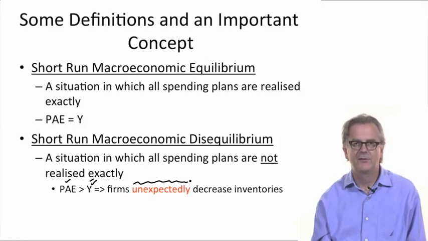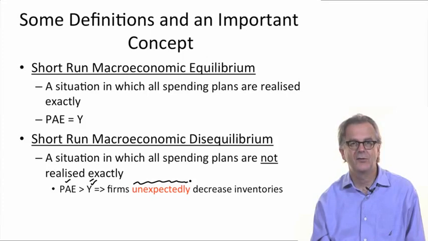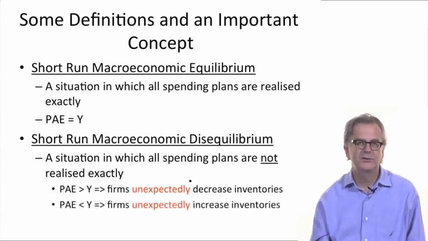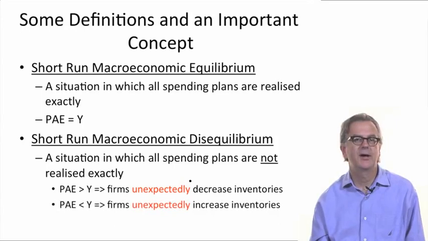So we're dealing here with a situation where firms, to their surprise, have had to decrease their inventory stock in order to meet this higher than expected planned aggregate expenditure. It can go the other way, of course. Over a particular period of time, the economy's planned aggregate expenditure may fall short of actual GDP.